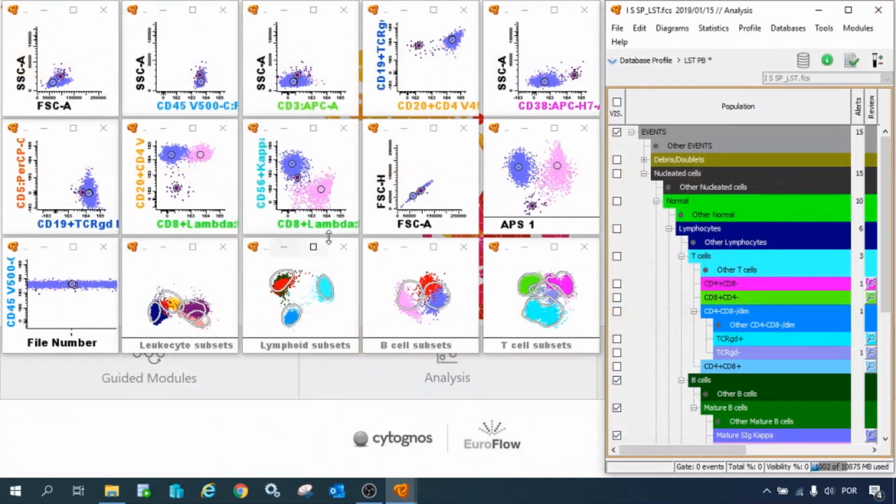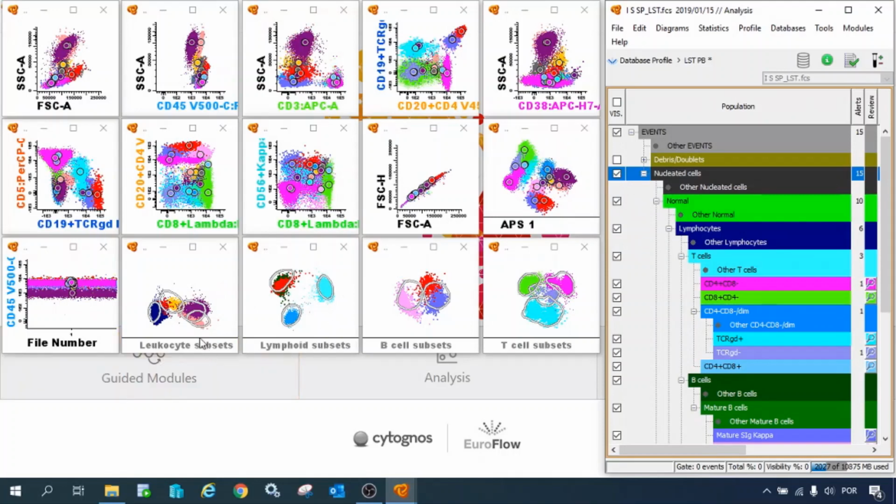We can also see on the bottom line all the populations that were identified in this sample, coming from eosinophils, neutrophils, monocytes, lymphocytes. Then we see there's a problem within one of the lymphocyte subsets, which happens to be the B cells, and here is the T cells separated according to their membrane markers, as we previously seen.